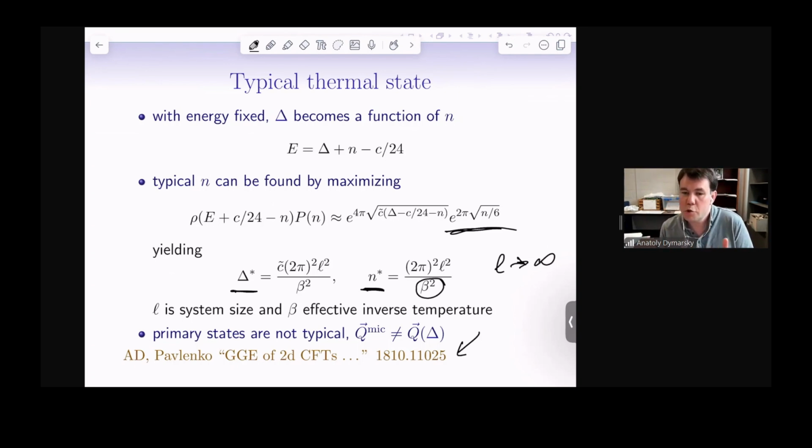Because those two ensembles, the microcanonical ensemble and the primary state ensemble, have different densities of Qs. And therefore, if you want to match them to a generalized Gibbs ensemble, you will match them to generalized Gibbs ensembles with different chemical potentials. You don't need to compare them. That's not the proper thing to do. So you resolve the puzzle by changing the question.